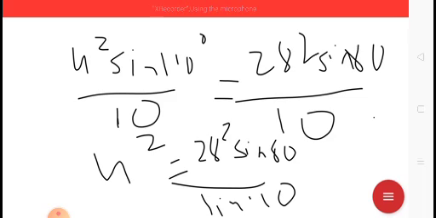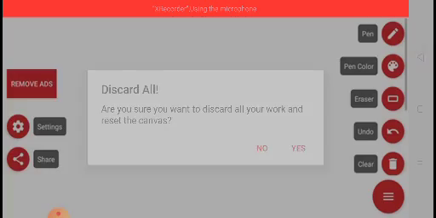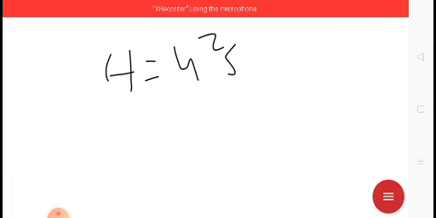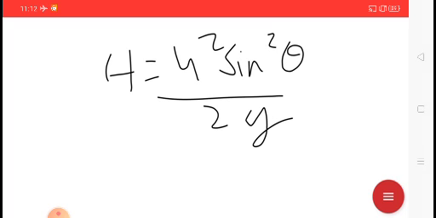What is the equation just now? The greatest height will be equal to u square sine square theta over 2g. So you may directly put in and see what the answer is. Okay, so h equal to u square sine square theta over 2g.